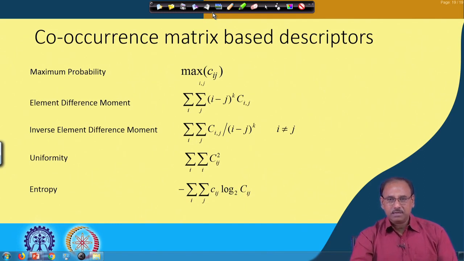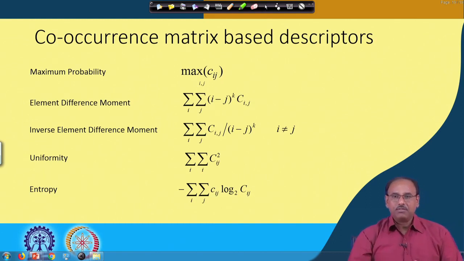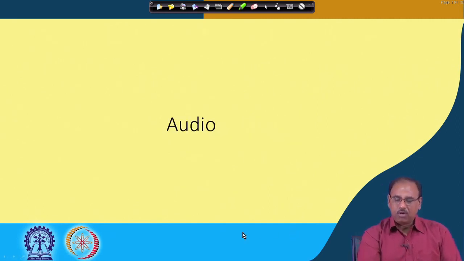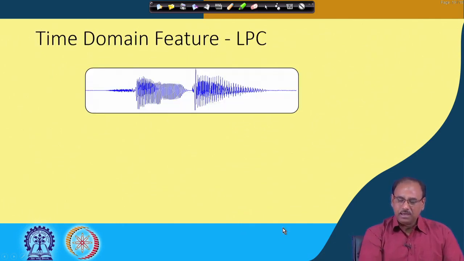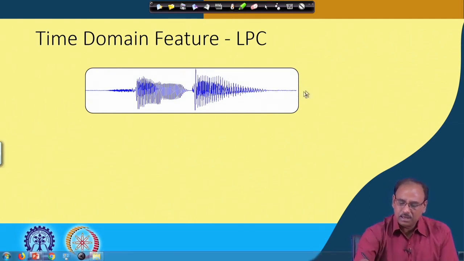But as we have said before, feature extraction is not only required for visual information, it is also for audio information. In the case of an audio signal, whatever I am speaking, the audio signal is generated by capturing this information with a microphone, and if you check with a CRO what the output of the microphone is, it is nothing but a signal of this form.